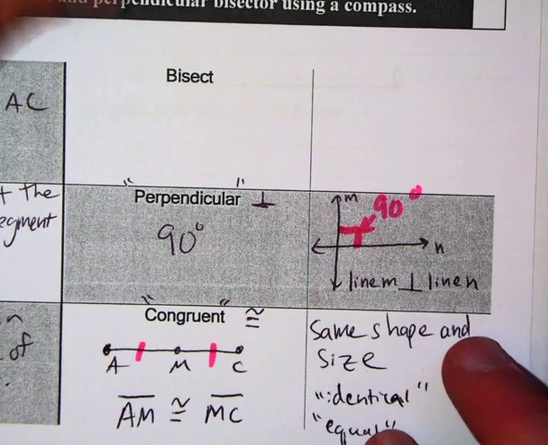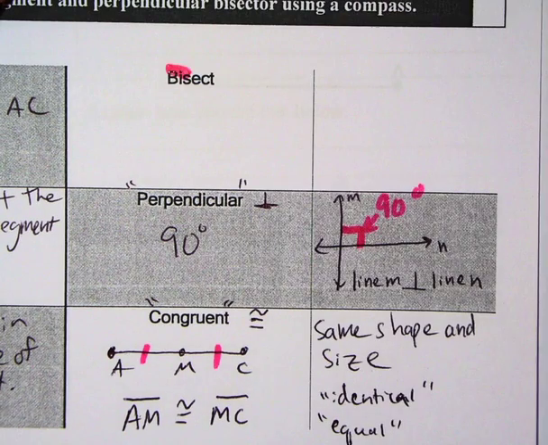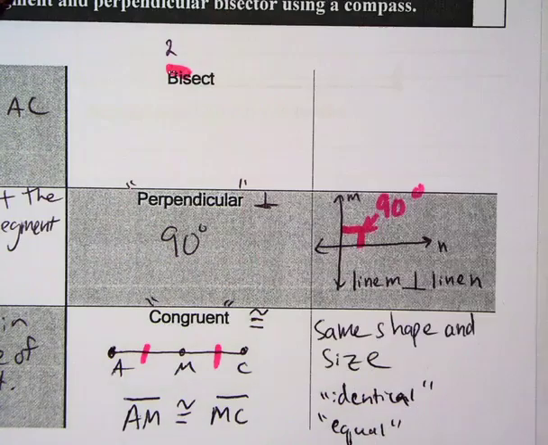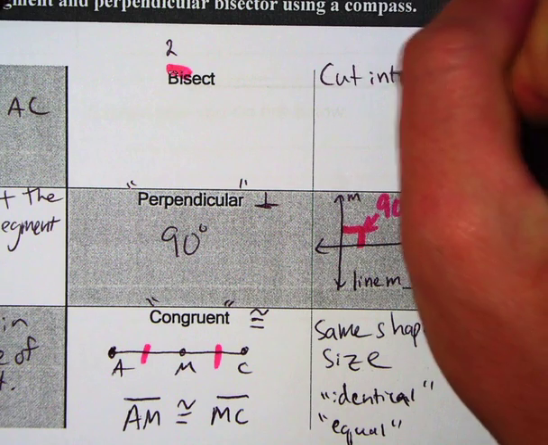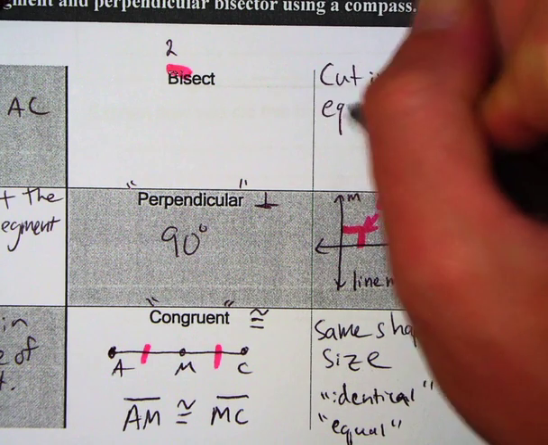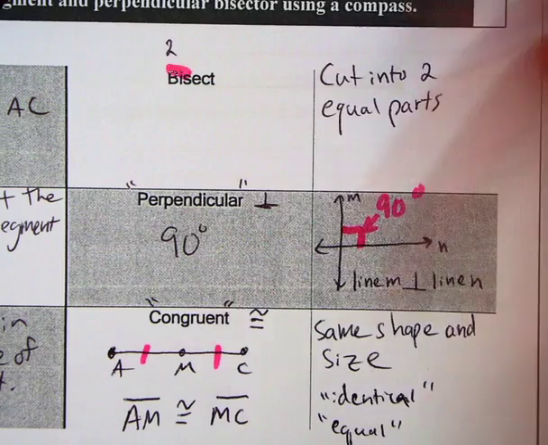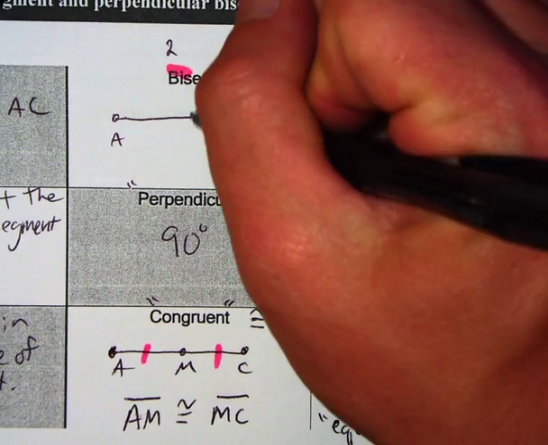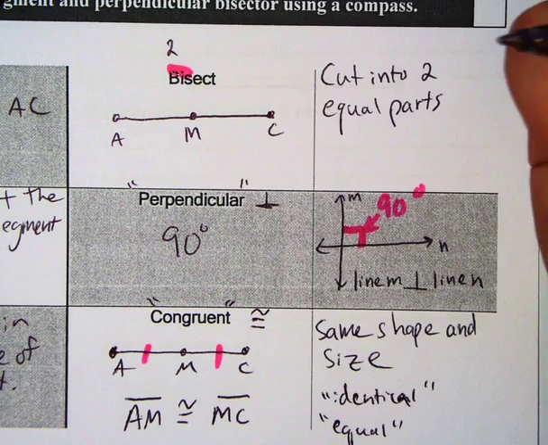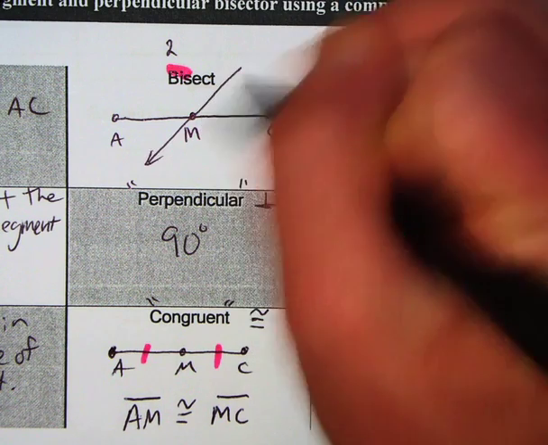And finally, bisect. We already know this one. The prefix bi means two. So we're going to cut into two equal parts. So I could do an example here. Call this AC. And I could say that the point M here is the midpoint, and maybe this line here comes through.